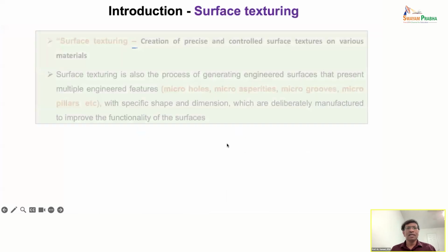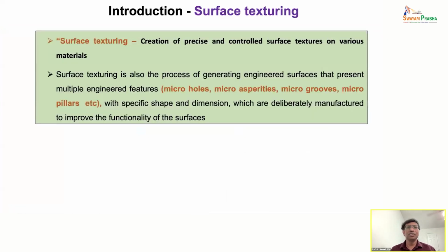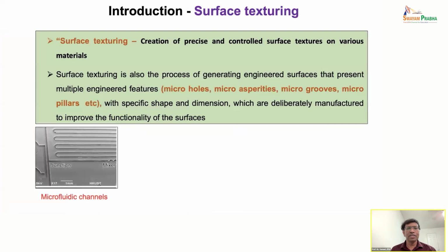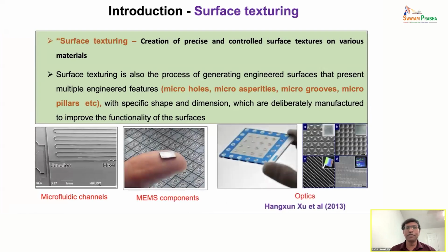Now, what we are trying to do is control the surfaces. When you look at a surface generated just by a machining process, it is a more random kind of surface, and it is characteristic of the process by which you are making it.